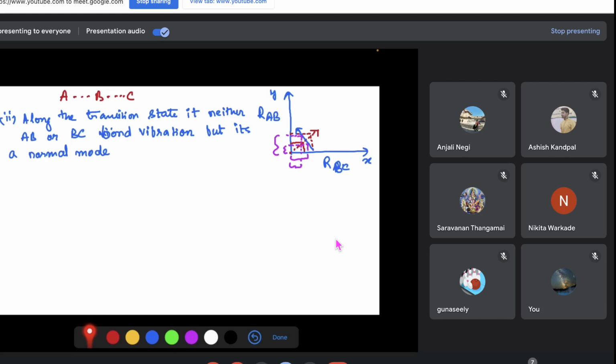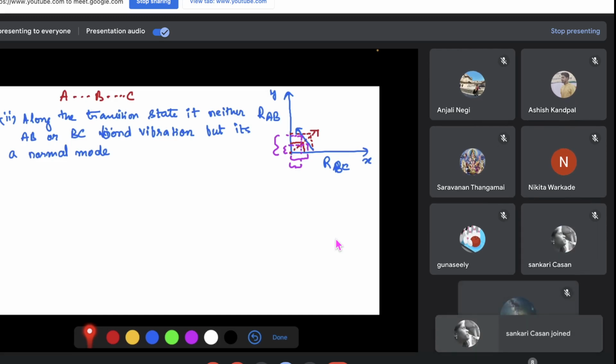The reaction happens along this blue arrow, and this direction is the antisymmetric vibration, which will give me the product.